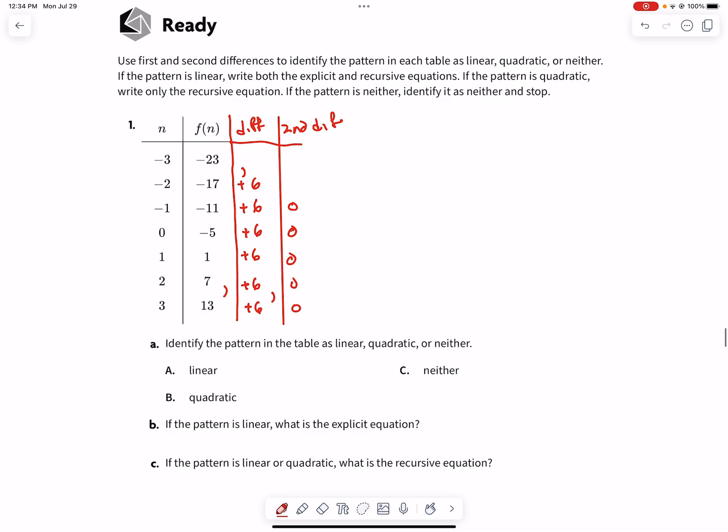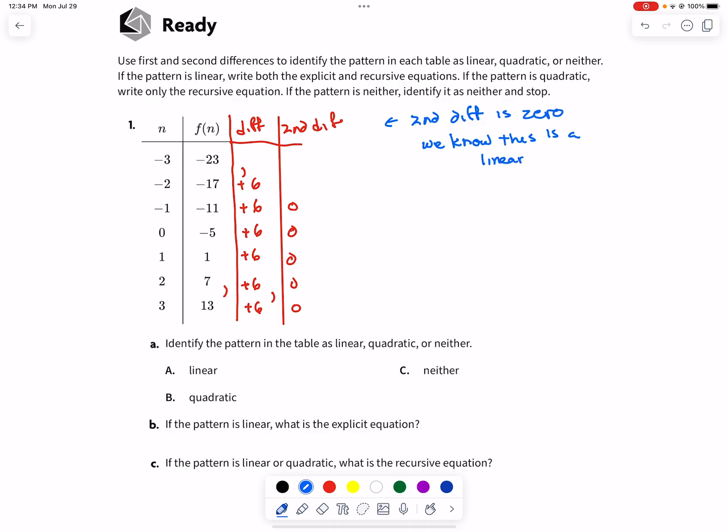So let's just write a little note for once and for all. If the second difference is 0, then we know it's a linear function. And the difference between the values for consecutive n's is going to be the slope.